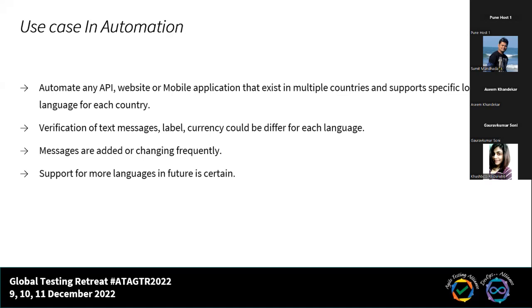The detailed use cases include verification of text messages, labels, and currencies, if there are any such test cases that we are supposed to automate. If your app is in development, has just started developing, or is in beta mode, or you are at the very beginning of your app development, the content would change very frequently.